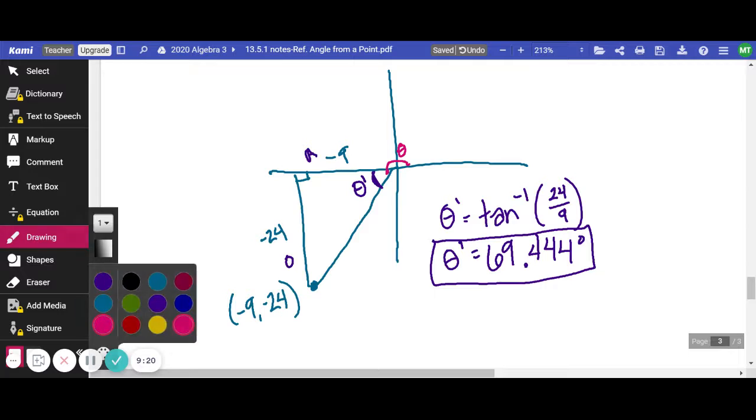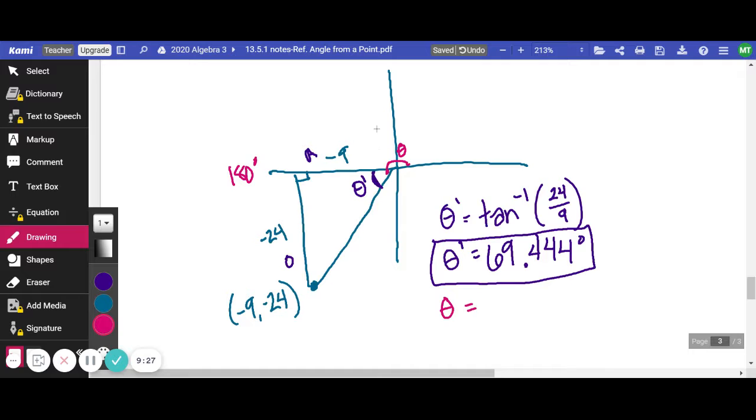And then for my theta, this is 180 degrees. If I only go to 180, that's right here, but I need a little bit more. I need that 69 degrees more. So that means 180 plus 69.444.